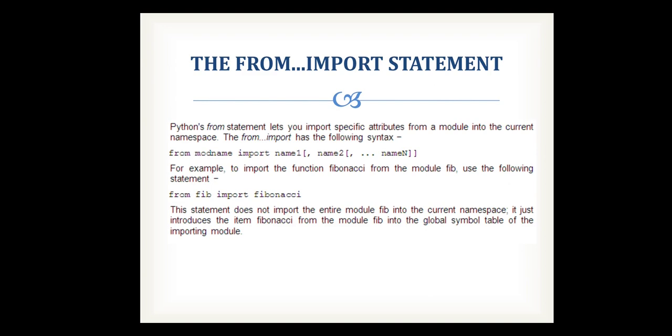So you can import a function that is Fibonacci. This statement does not import the entire module fib into the current namespace. It just introduces the item Fibonacci from the module fib into the global symbol table of the importing module.